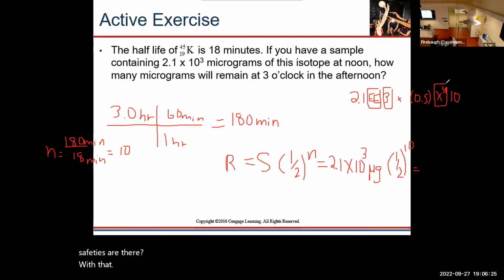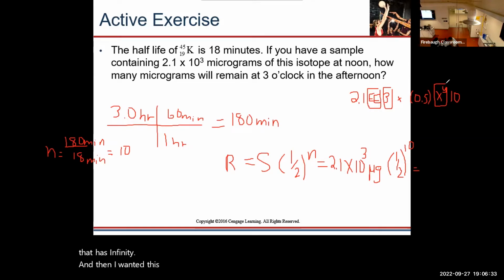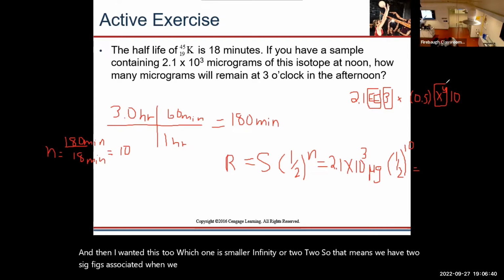So that means you always go with the one that has the smallest number of sig figs. You have one that has infinity and then you have one that has 2, which is smaller. So that means you have 2 sig figs.